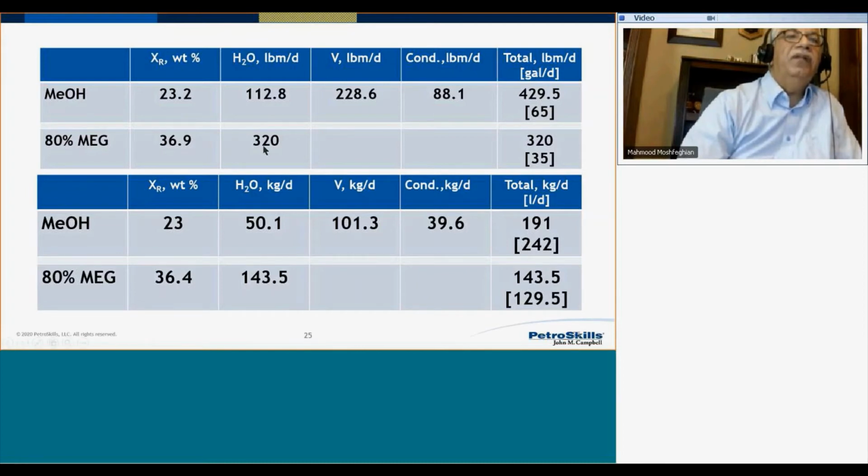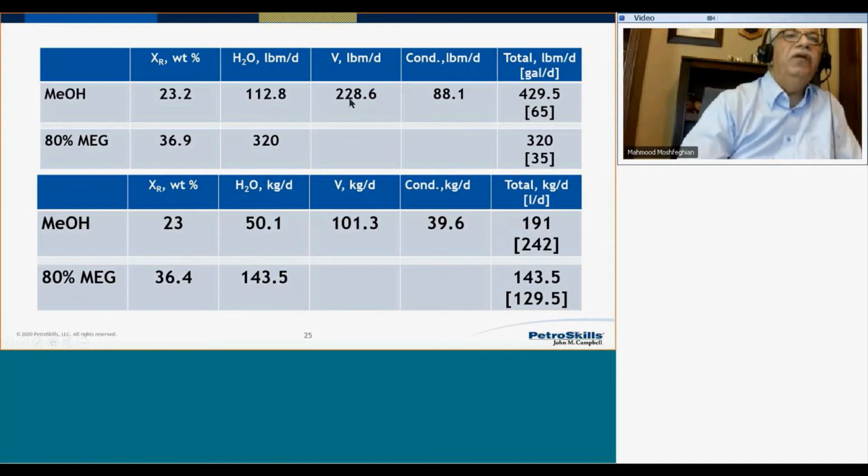Also, please note that glycol is much more expensive compared to methanol on a volume basis. The price of glycol could be as high as 3 times the cost of methanol. So methanol is much cheaper.